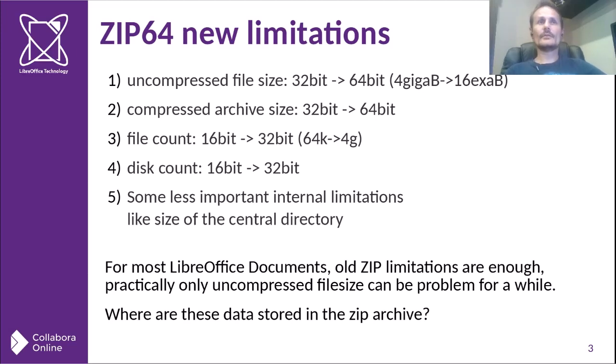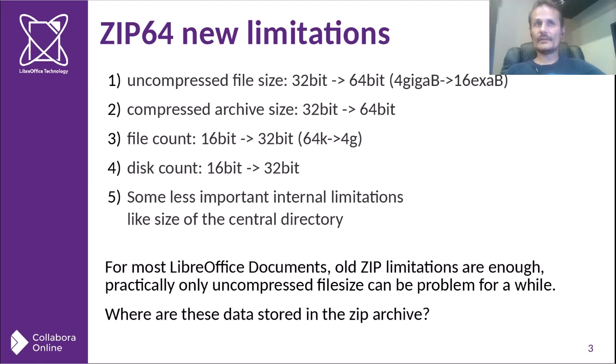The second is the compressed archive size. It's similar to the previous, but it's harder to reach this limitation, because when we compress the files, they will be smaller, maybe 100 times smaller, depending on how well the file compresses.